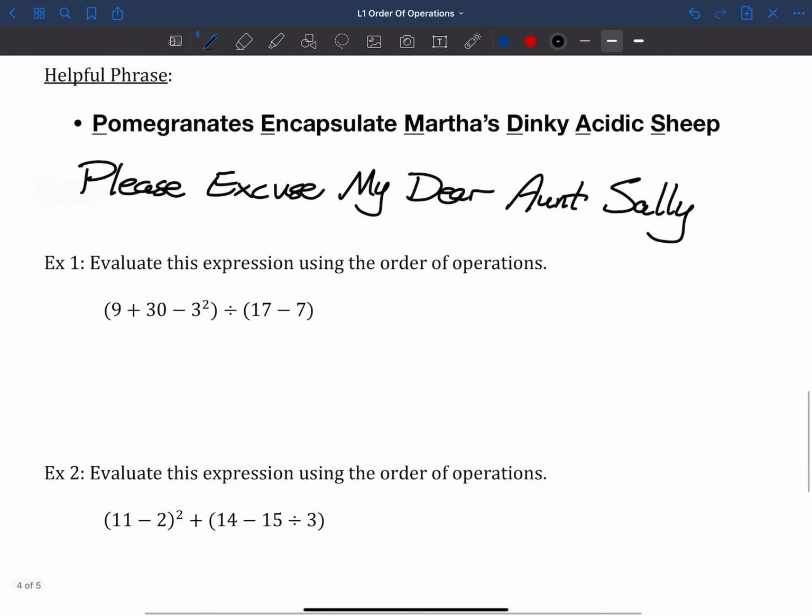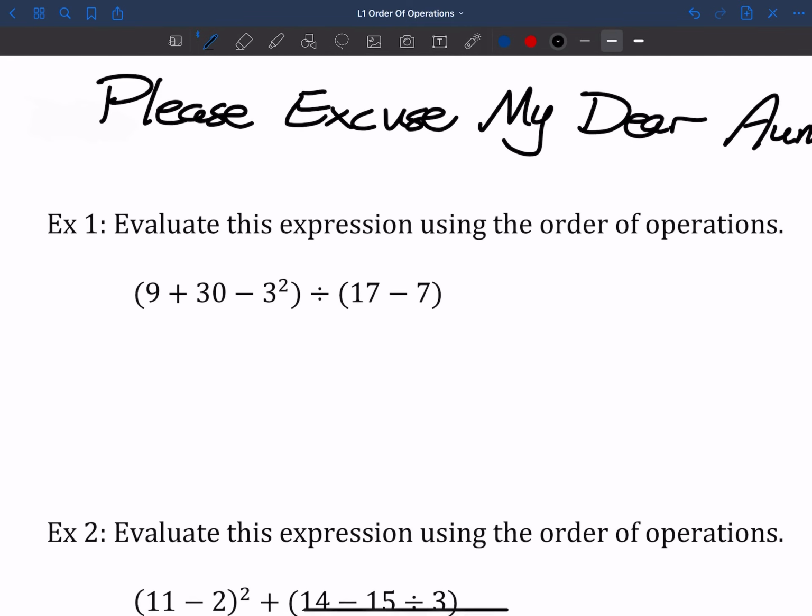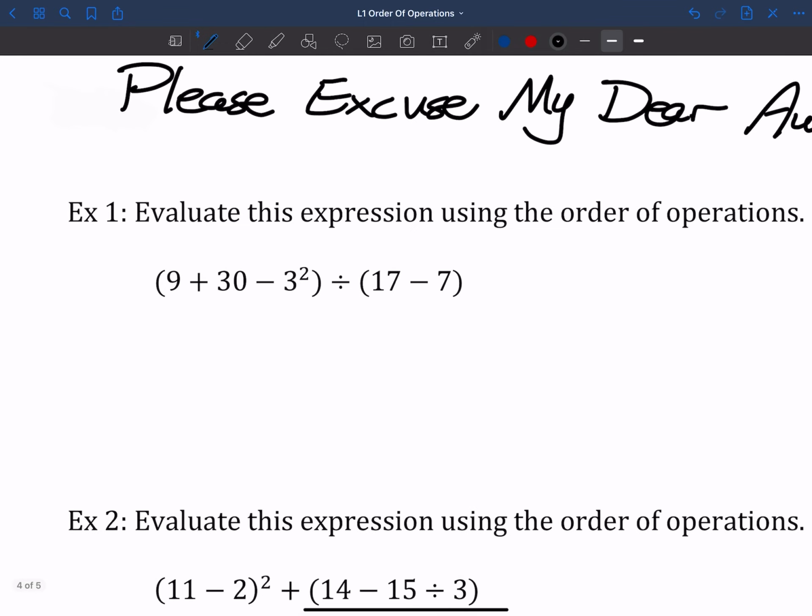All right, let's actually get into it. Thinking PEMDAS, we're going to evaluate some expressions using the order of operations. What I'm noticing is I've got some parentheses here, this whole chunk in parentheses. I'm going to start off by taking care of what's inside there. When I jump inside some parentheses, I want to restart the timer in my head.